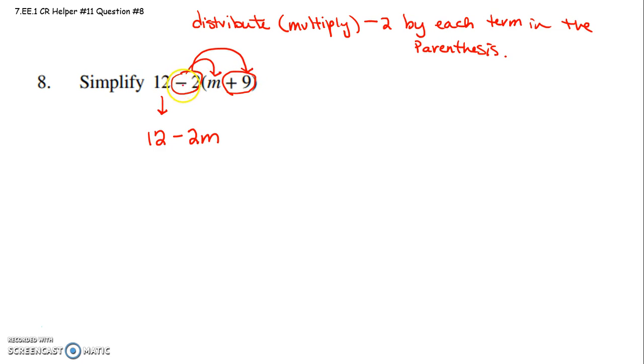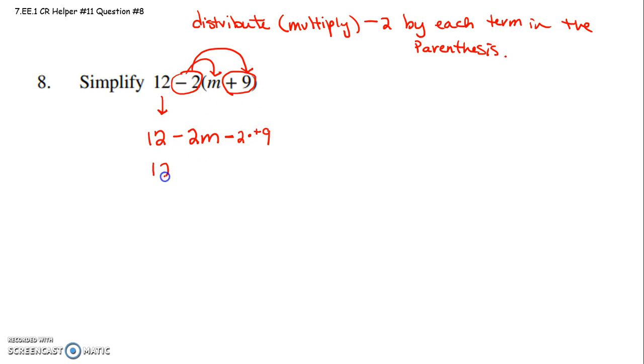You can either think of it as minus a positive, or plus a negative 2 times 9, or you could just think about it as -2 times +9 is a -18. It doesn't matter to me whether you think of it as minus 2 times +9, or minus a positive becomes a negative.